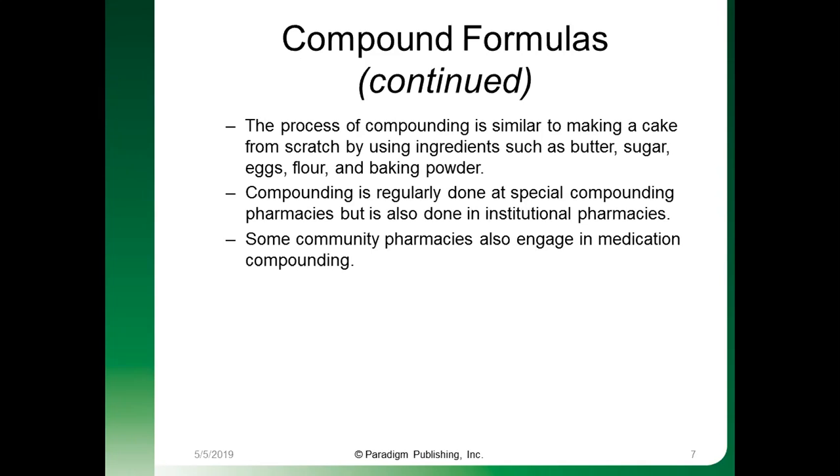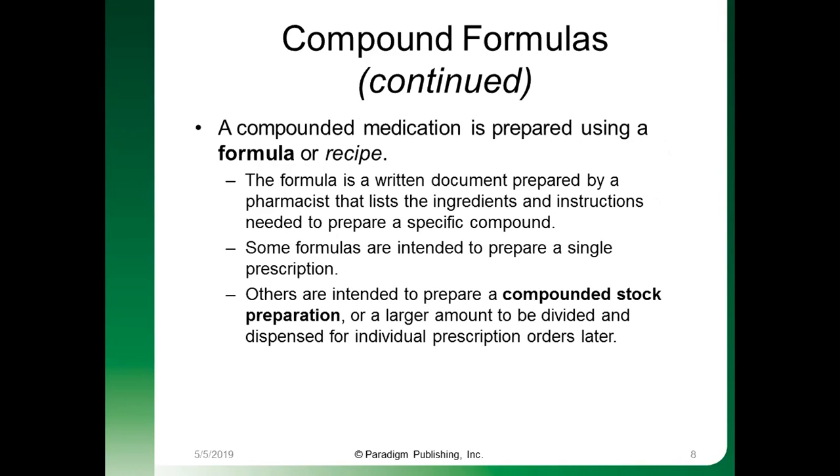So a compounded medication is prepared using a formula or recipe, like I stated before. The formula is a written document prepared by a pharmacist that lists the ingredients and instructions needed to prepare a specific compound. Some formulas are intended to prepare a single prescription. Others are intended to prepare a compounded stock preparation, or a larger amount to be divided and dispensed for individual prescriptions ordered later.